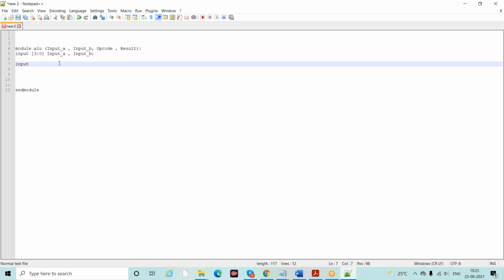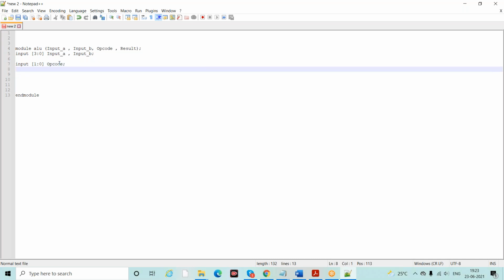Input opcode. Opcode is how many bits? 1 down to 0. And then output. So how many bits can we declare?